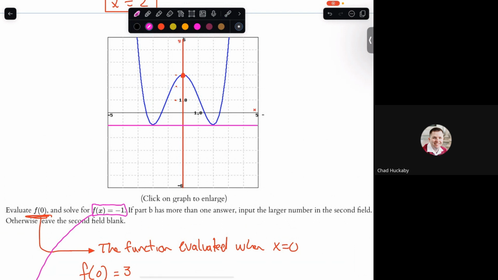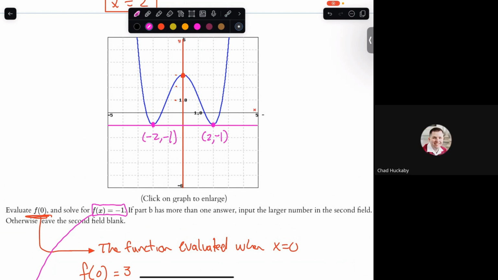And we're looking for x values. So what are the x values when the function is -1? Well, it's this value right here and this value right here. We actually have two different values. So this is the point -2, -1, and the point 2, -1. Do you agree with that?